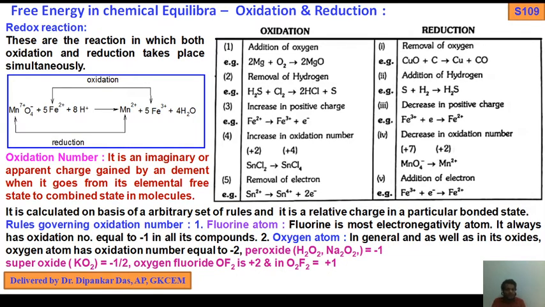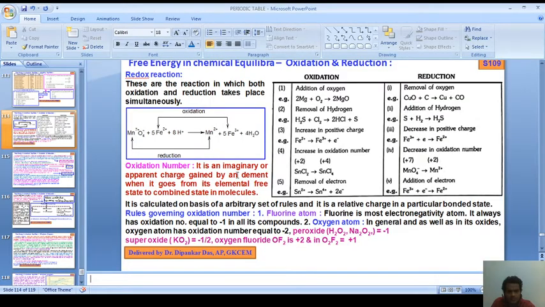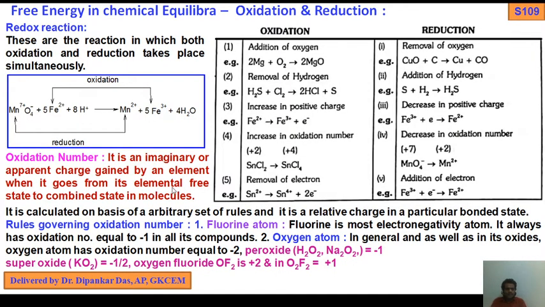Now oxidation number is an imaginary or apparent charge gained by an element when it goes from its elemental free state to combined state in molecules.